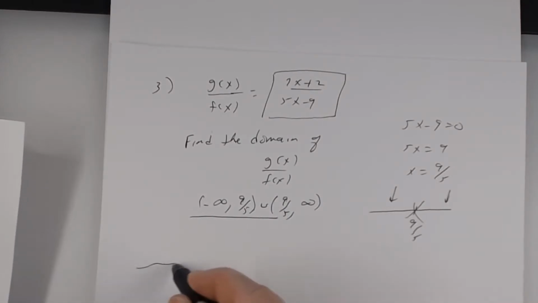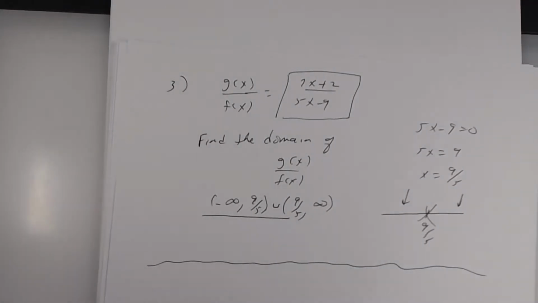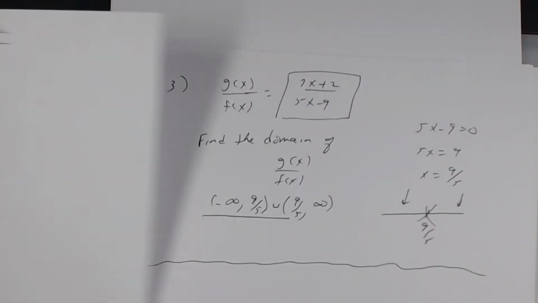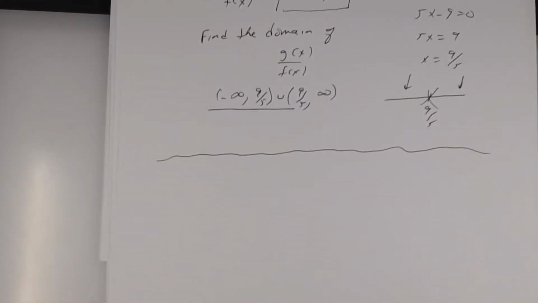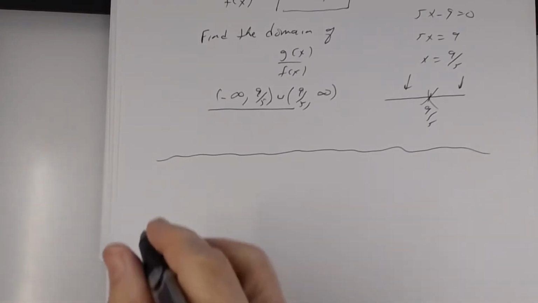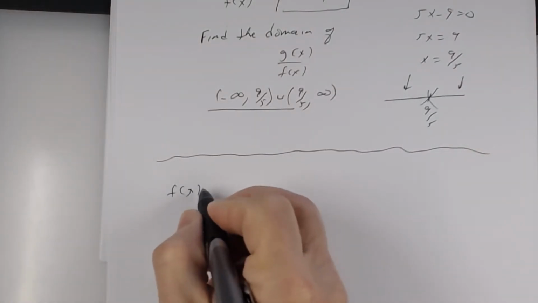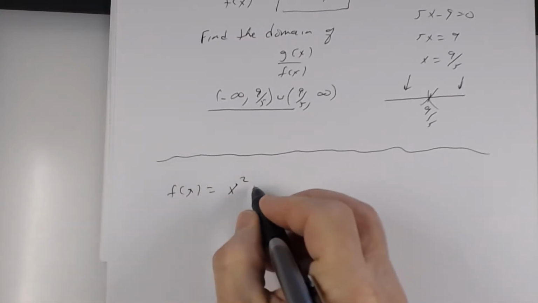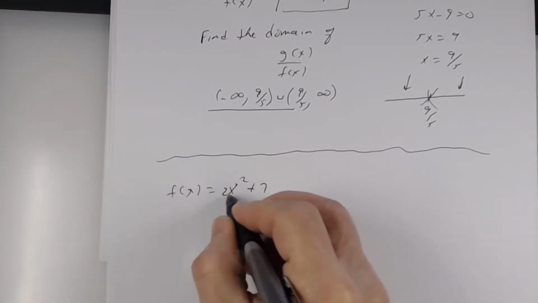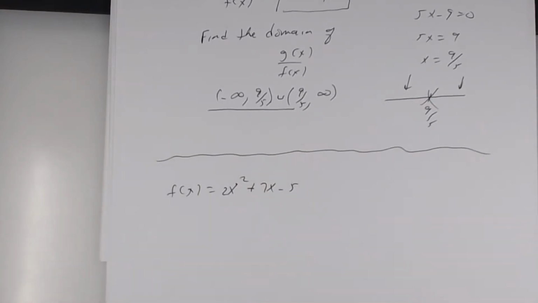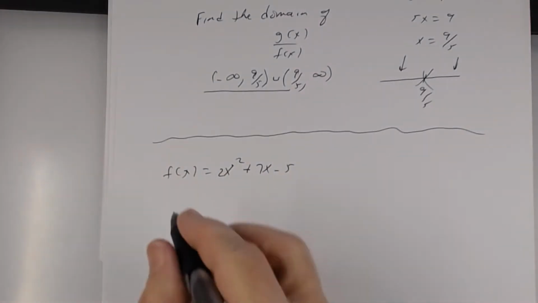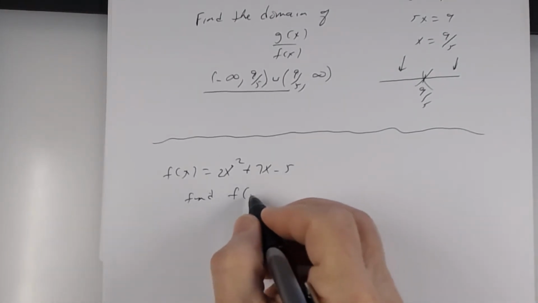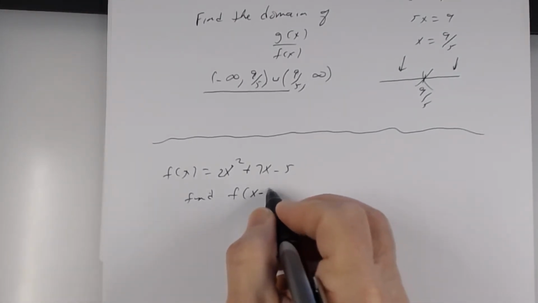Okay, now one other thing that we need to remember how to do before we talk about composition of functions is this. Suppose this time that f of x is, let's make it 2x squared plus 7x minus 5, and you want to find f of x minus 6.